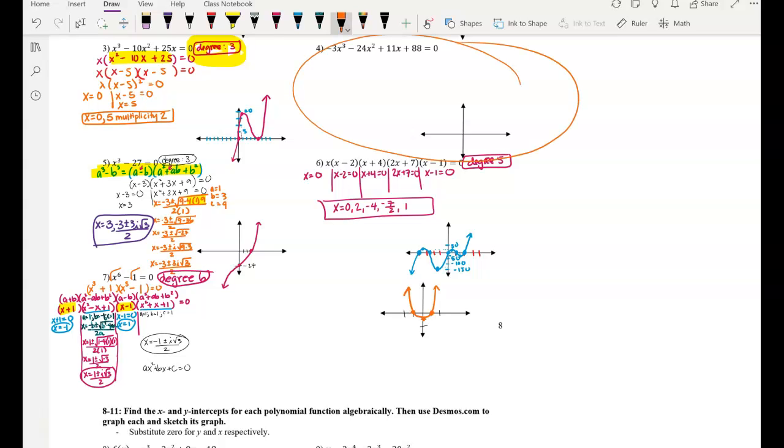So if you haven't, sketch that out. Type it in and sketch it out for me. So go to desmos.com, type in example 4, and do a little sketch, please.